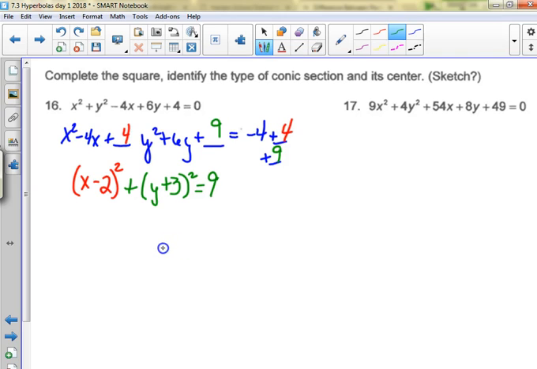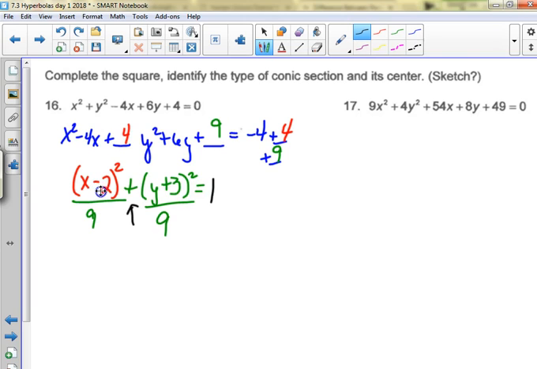Now, if you want it in the form, you can leave it in this form as far as I'm concerned because I can tell what it is now. If you divided those all by 9 so that you had a 1 over here because they say it should always equal 1, I don't care. But how do you know that that's a circle and not an ellipse? It's got a plus, so it's either a circle or an ellipse.